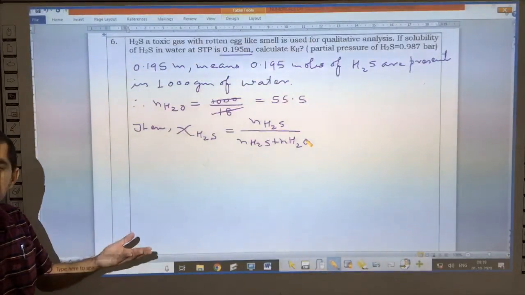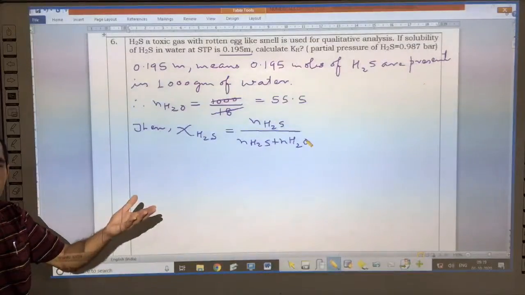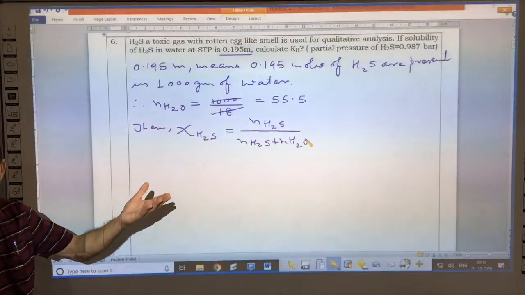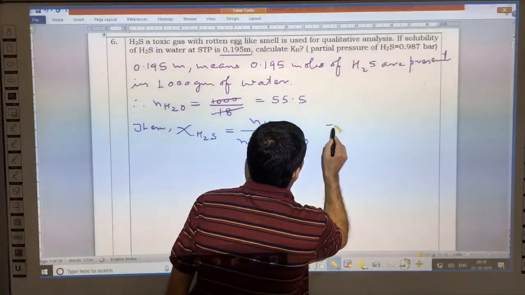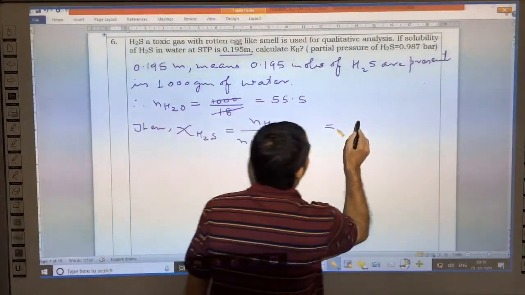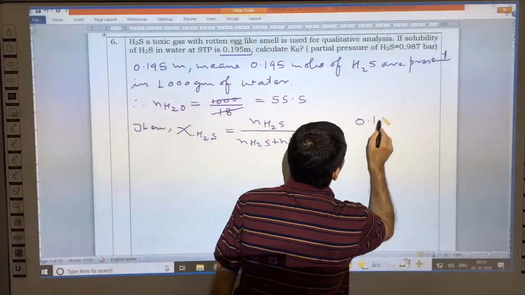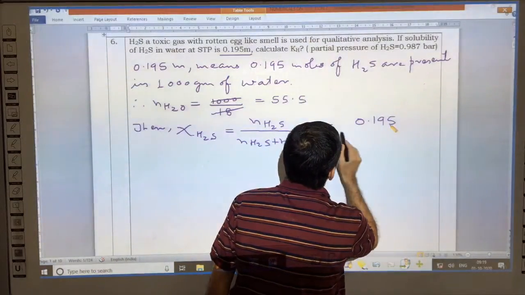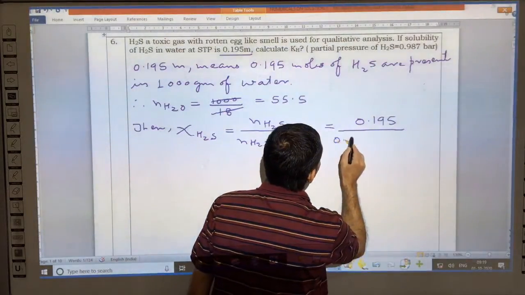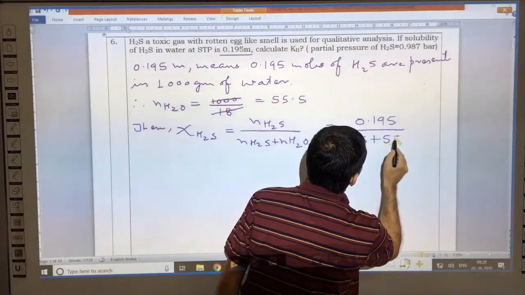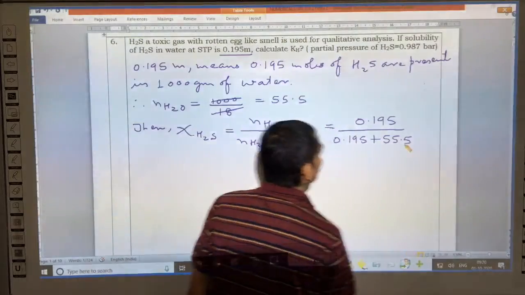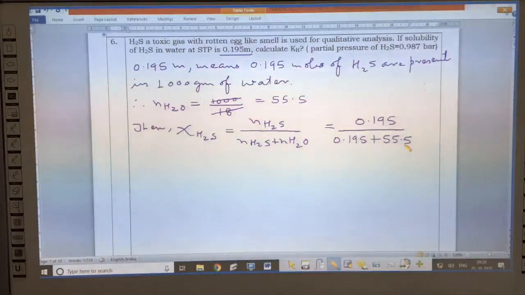You know Henry's law that partial pressure is directly proportional to the mole fraction of solute. Okay, you solve it. Mole fraction of H2S is 0.195 upon 0.195 plus 55.5. Okay, let us solve this mole fraction and see what the value is coming.